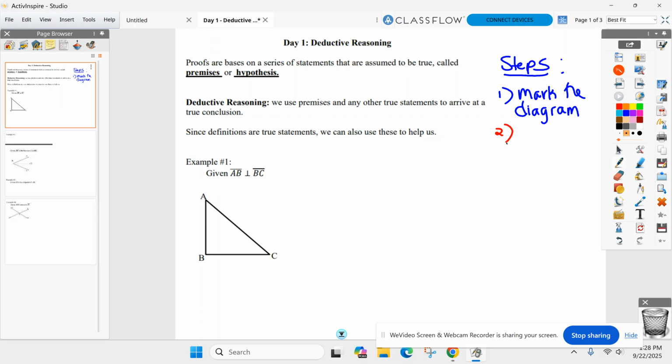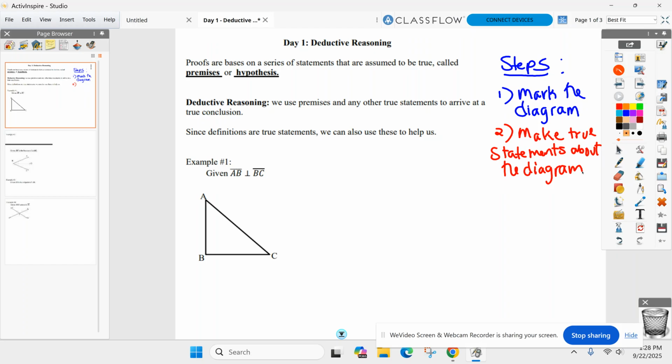Second thing we're going to do, we're going to make statements. I should say make true statements. Don't want them to be false. Make true statements about the diagram. All right, so we're going to make true statements based on what you marked.